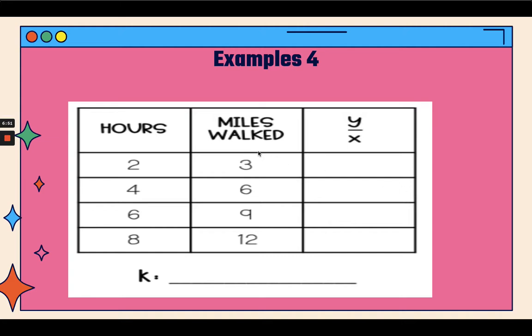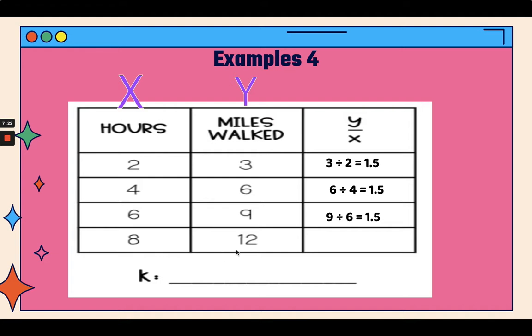All right. 3 divided by 2. Let's label our x and y just to be sure. 3 divided by 2 equals 1.5. 6 divided by 4 equals 1.5. Is it proportional so far? Yep, we've gotten the same answer. 9 divided by 6, 1.5.